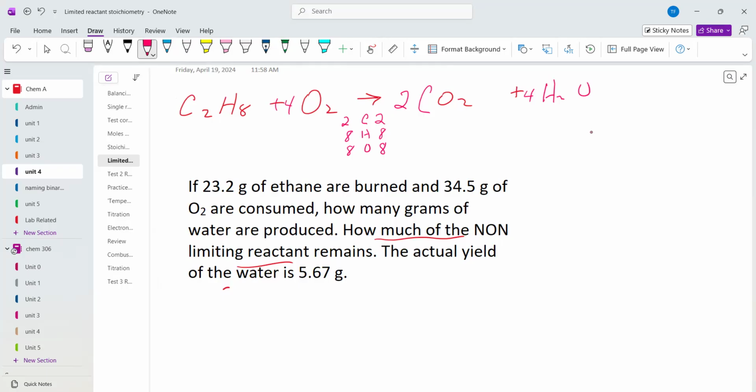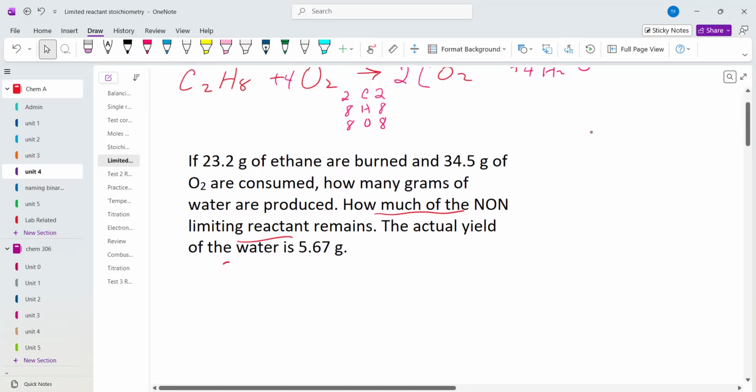Now, balancing the equation is crucial because that's the middle step of our calculation. Okay, so we're looking at water production. Now, down at the bottom, it says the actual yield is 5.67 grams. Life is like this.